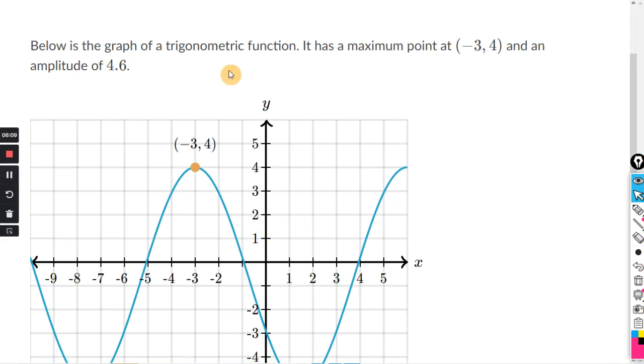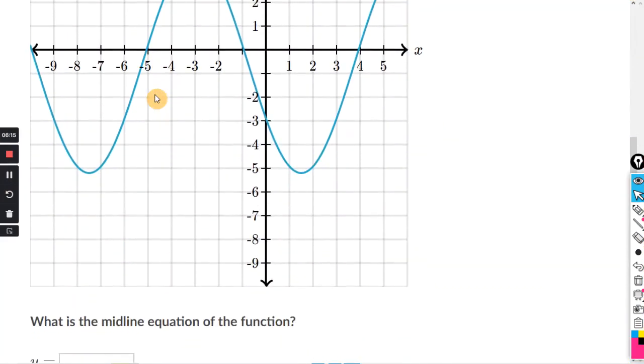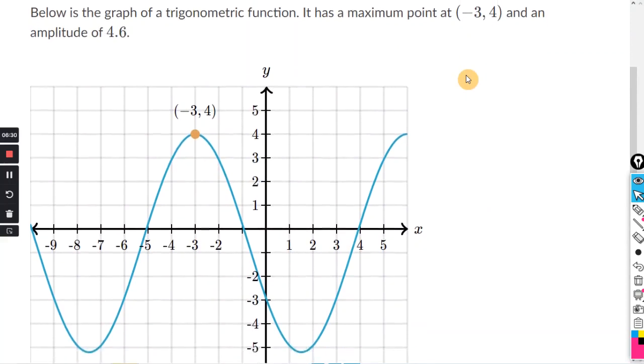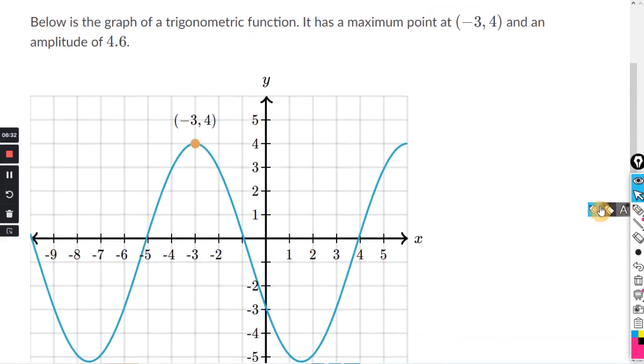Below is the trig function, max point 4 and amplitude of 4.6. What is the midline equation of the function? Now we don't have the minimum point, and we can't get it just by looking at the graph because it's going to be a decimal. They don't give us the minimum point in the write-up, so we can forget about that method.